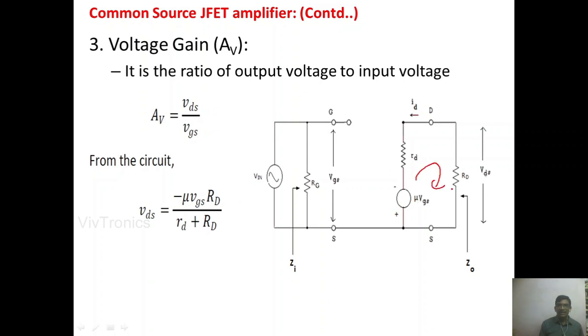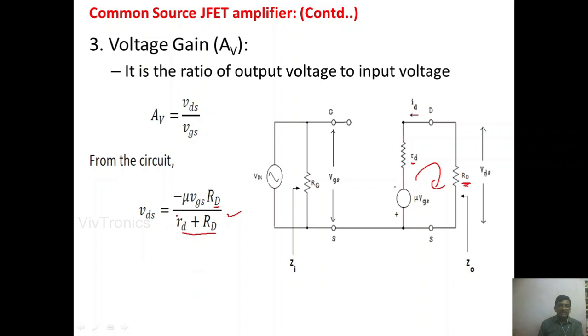Then we have to get the voltage across RD, so it is the applied voltage times RD divided by the total resistance in this loop. Here we have only two resistances, one is rd and another one is the capital RD, therefore rd plus RD. Like that we get the VDS value, the output voltage value.